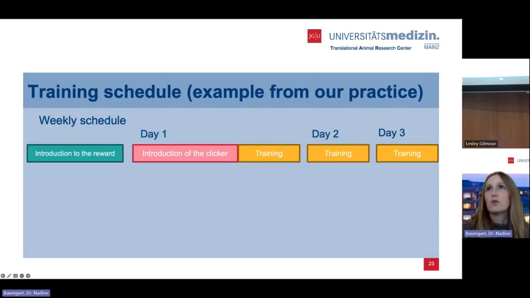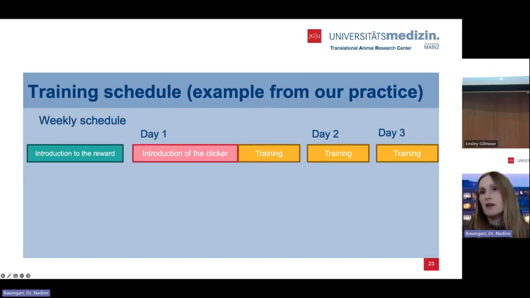So this is a short program because when we first started we had several weeks of training, and we showed this to some experimenters, and they said, yeah, a nice thing, but we can't do weeks and weeks of training. And so we tried to shorten it and to make it more practical, so make it fit better into the everyday lab life. So we never train on weekends, for example.